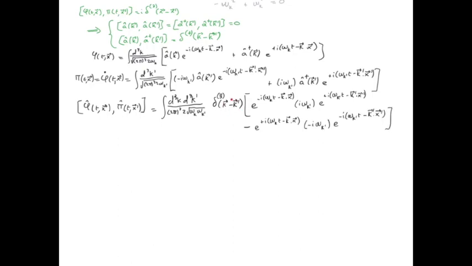Because k has to be equal to k dash, we see that the exponential minus i omega k t and plus i omega k dash t cancel in both terms. The square root of omega k dash becomes just omega k, while the omega k dash here becomes also omega k and cancels with this one.